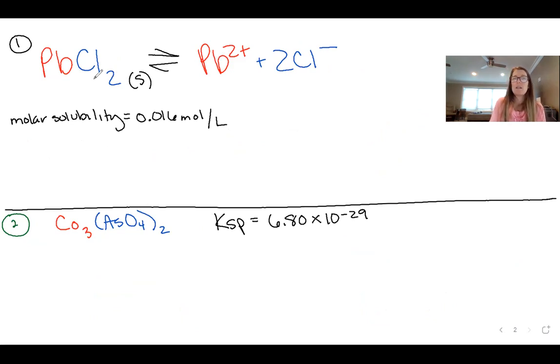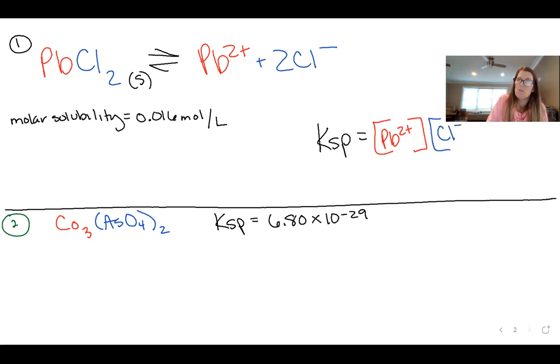So here you can see that XY goes to X plus and Y minus. And so if we were to write our equilibrium expression here, we would say that KSP is equal to the concentration of the cation times the concentration of the anion, each raised to its coefficient.